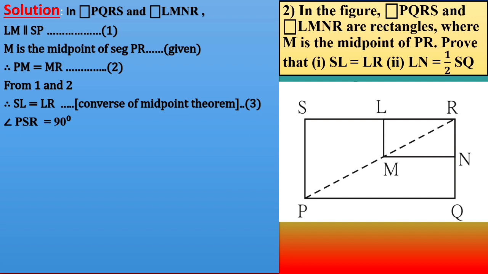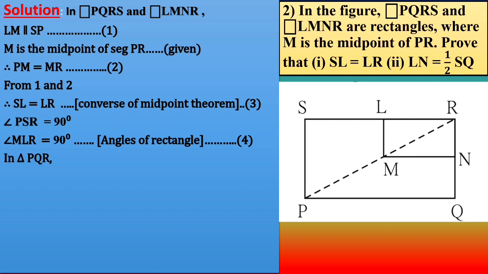Now angle PSR is 90 degrees because all the angles of a rectangle are right angles. MLR is also 90 degrees, angle of a rectangle, equation number 4.